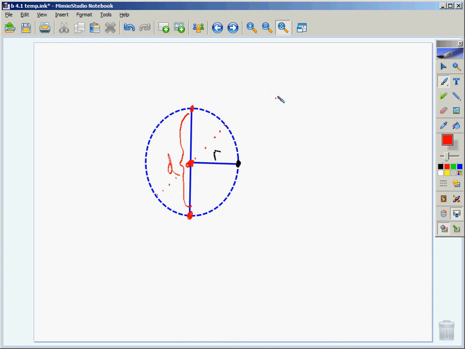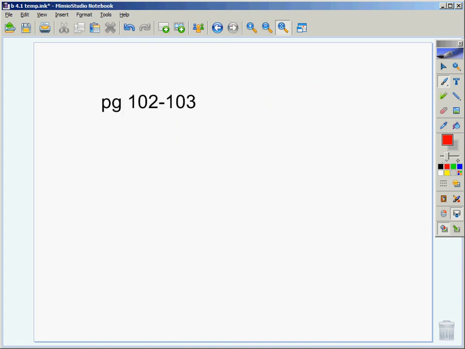But a diameter will always be equal to 2 times the radius. Because if I put another radius over here, you can see it takes 2 radii to make 1 diameter. Everybody good? Any questions? That's your assignment today.